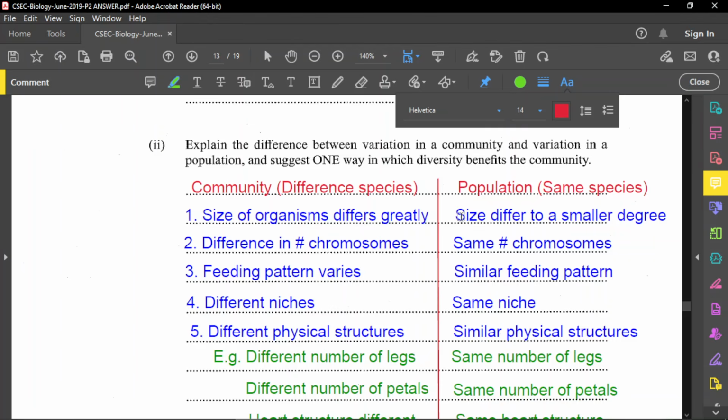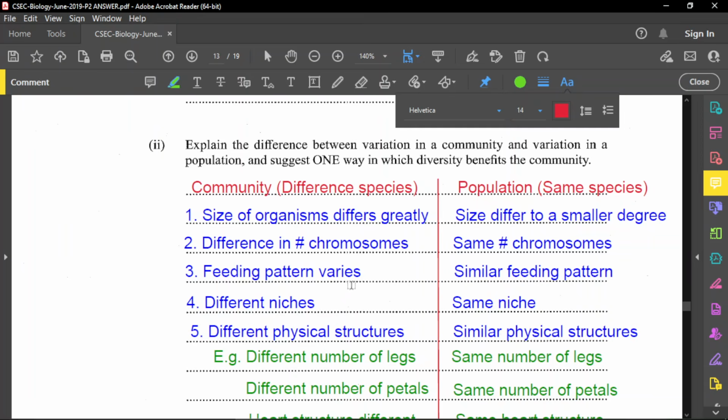Of course, some dogs are really bigger than others, but generally you have slight changes in size compared to a community. Generally, you also have a difference in number of chromosomes, because each species will have its own specific set of chromosomes. However, if it is a population, which means the same species, they have the same number of chromosomes.